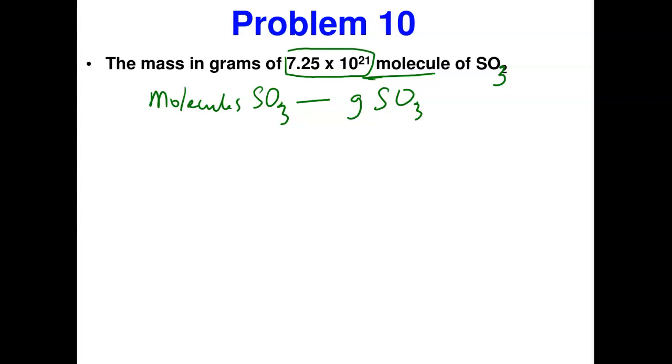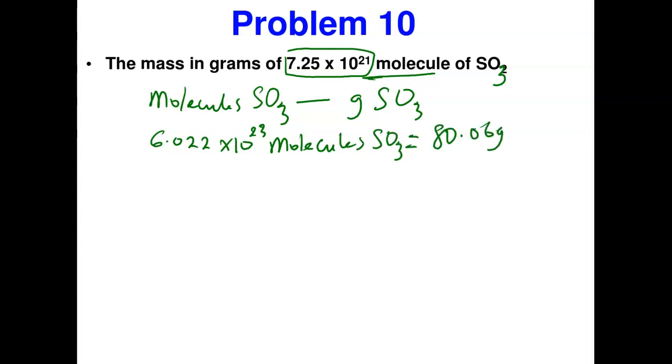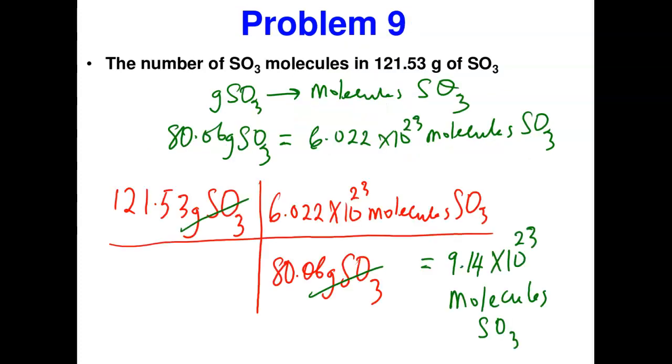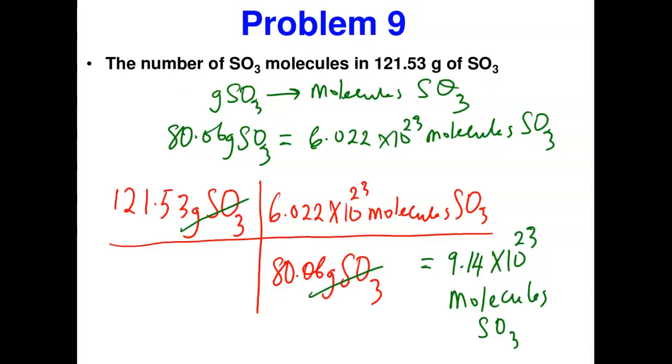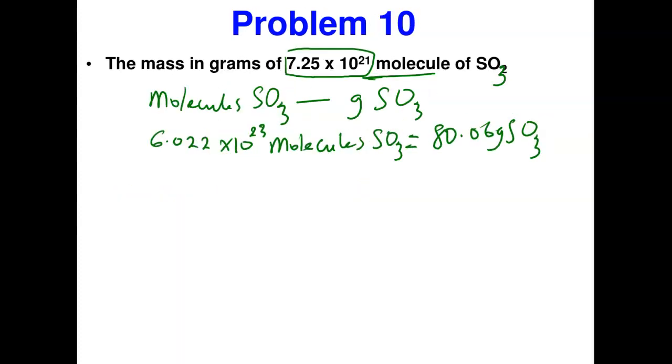We know that 6.022 times 10 to the power of 23 molecules of SO3 contains 80.06 grams of SO3. This was the same relationship we used before. The difference is that the last time we solved for the molecules. Now we're solving for the mass.